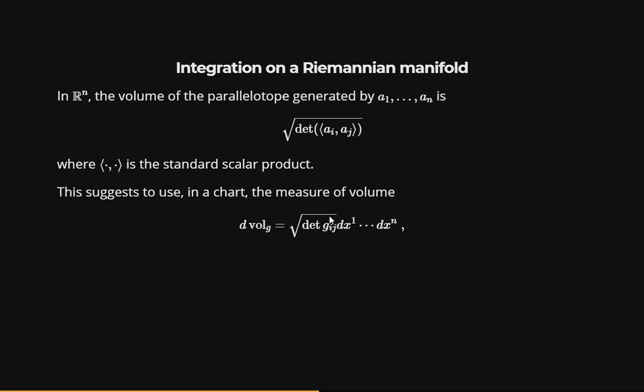This gives you at each point the infinitesimal volume ratio between the volume of the parallelotope given by the standard frame and the volume of a unit cube for the metric. So at each point of the manifold you have the tangent space, and you have a local frame.